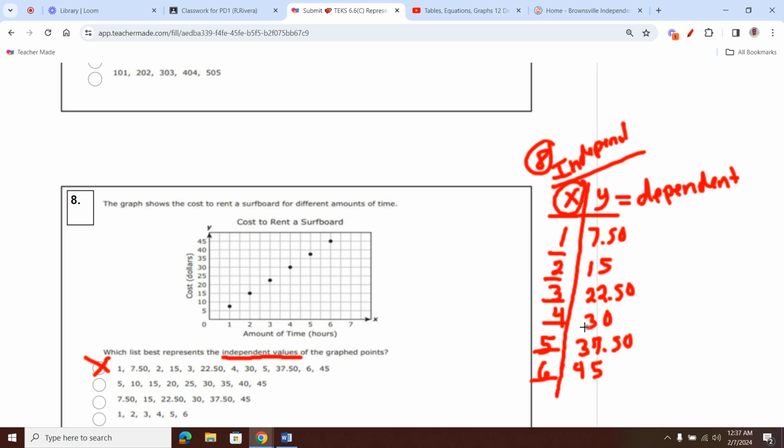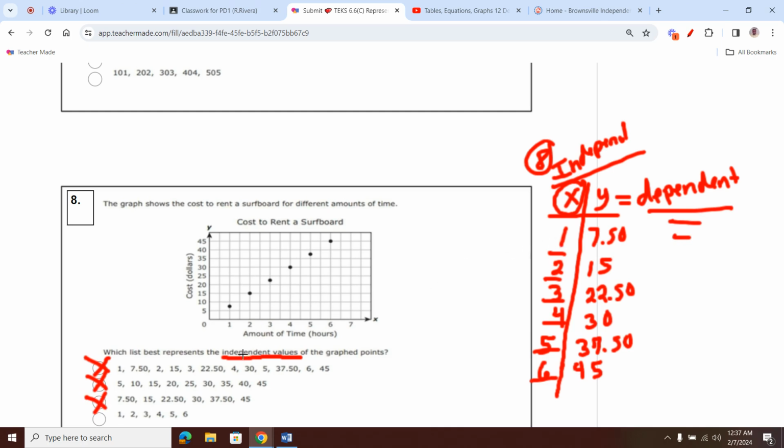Only some of them are there. 7.50, 15, 22.50, 30, 37.50. This is all there, but this side is who? Dependent. So that's why that one is wrong.